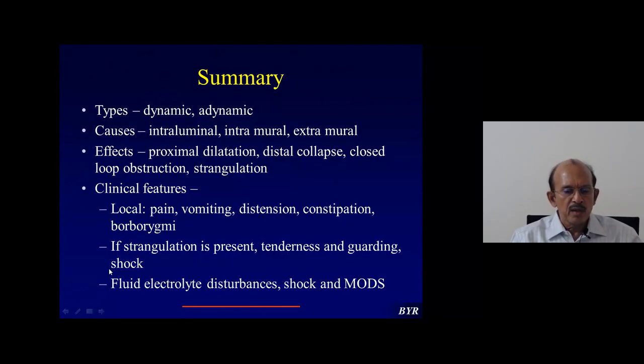You can ask me, shock is there even in the case of non-strangulated intestinal obstruction also. Then why are you mentioning shock in strangulated intestinal obstruction specifically? The reason is, in strangulated intestinal obstruction, shock occurs early. Patient gets pain, and within 1 hour he goes into shock. That means his pulse becomes rapid and thready, and blood pressure will be around 70 or 80.